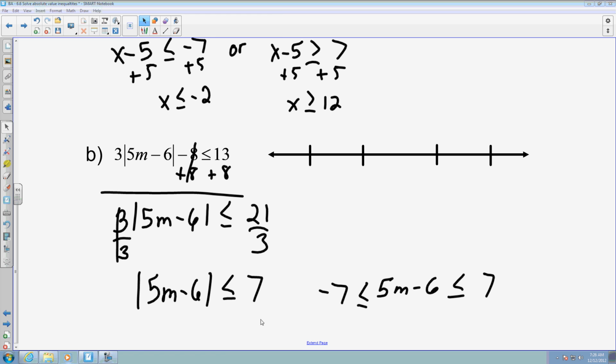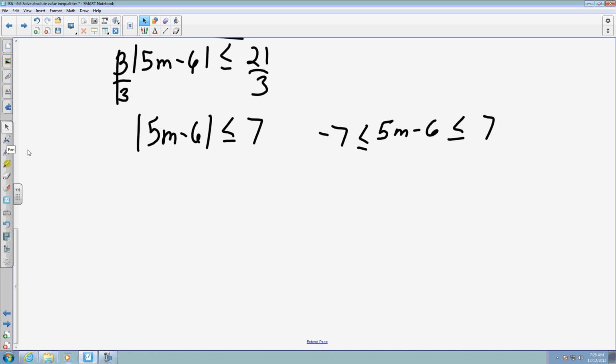I want just a little more room to work with. Yeah, that's much better. So this equation here looks very similar to what we had when we were dealing with compound inequalities. So since it's an AND statement, I can break these up into two different inequalities.